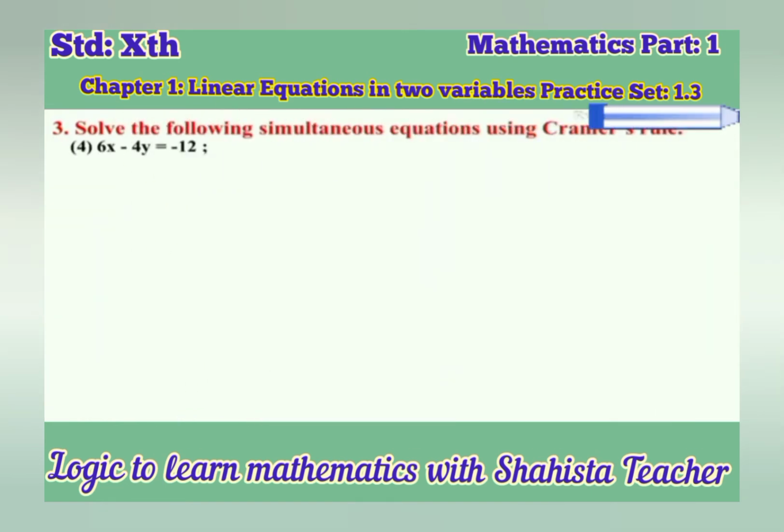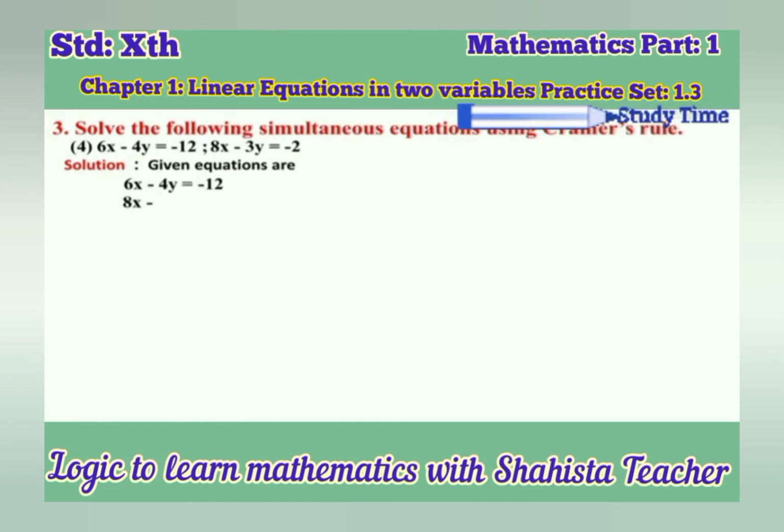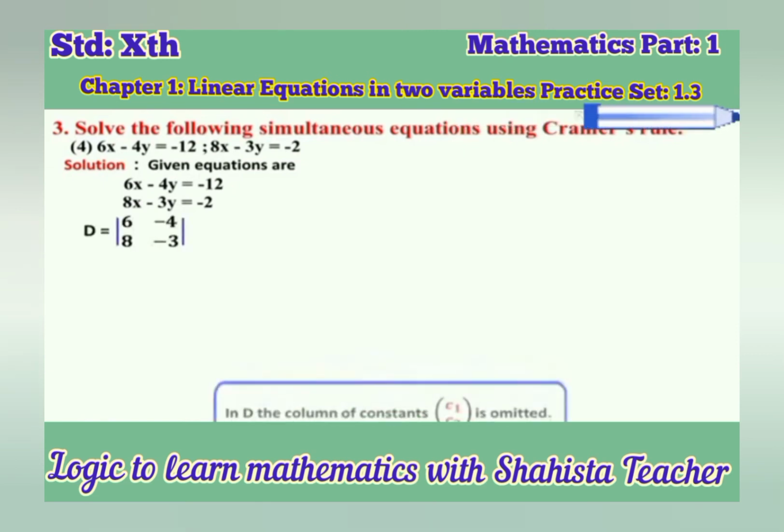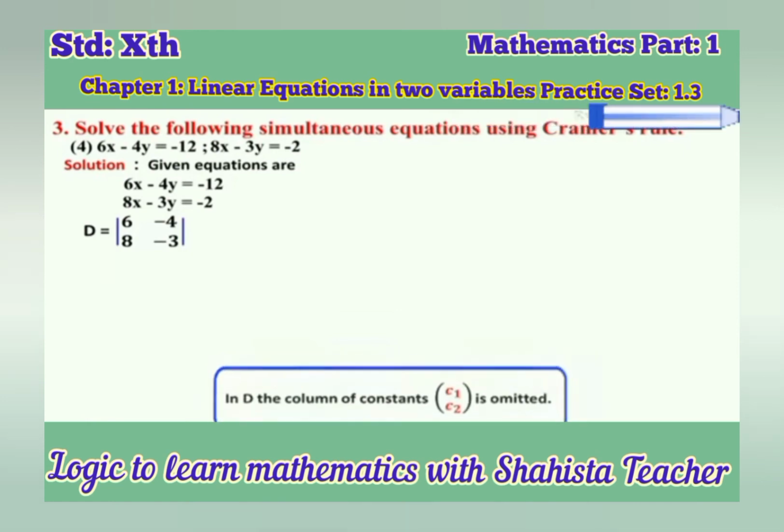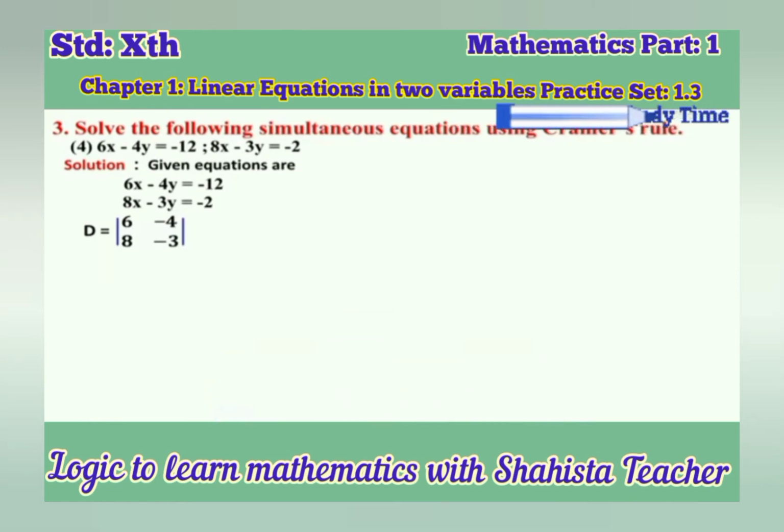Now let's solve sub question 4. 6x minus 4y is equal to minus 12, 8x minus 3y is equal to minus 2. Given equations are 6x minus 4y is equal to minus 12, 8x minus 3y is equal to minus 2. Determinant d is equal to 6 upon 8, minus 4 upon minus 3. So here C1 upon C2 is omitted.